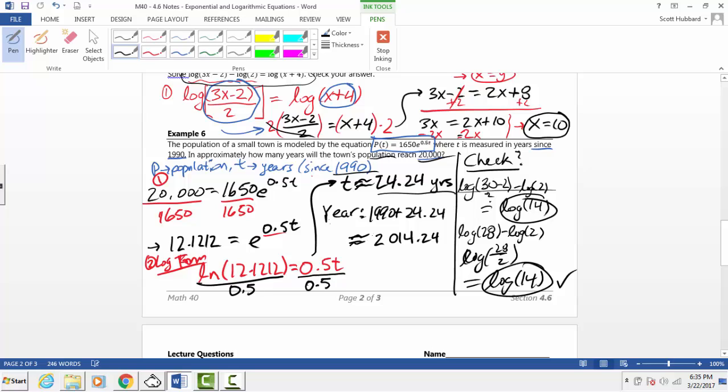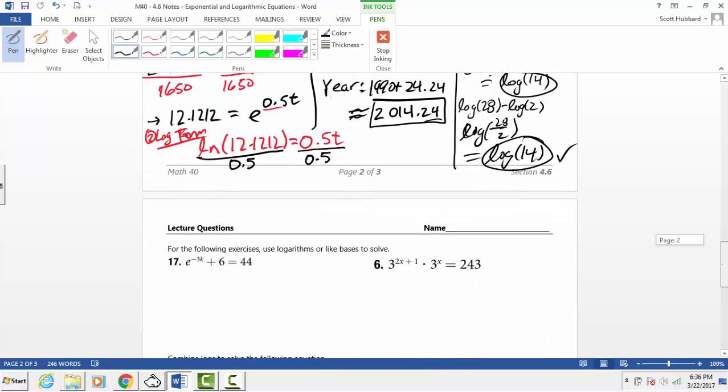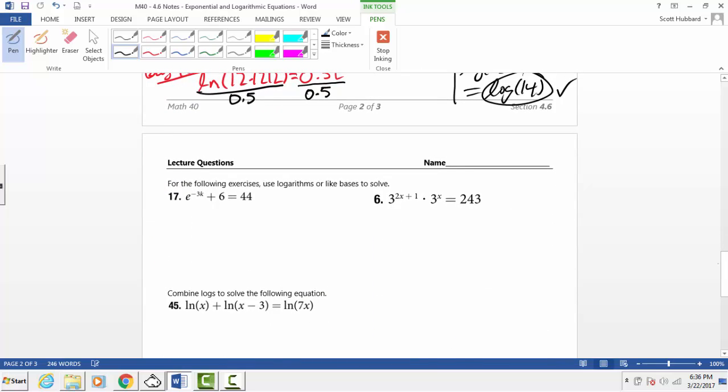Okay, roughly. So in other words, between 2014 and 2015, about a quarter of the way through, and so about March. So about March of 2014, that's when the city's going to reach that. Okay.